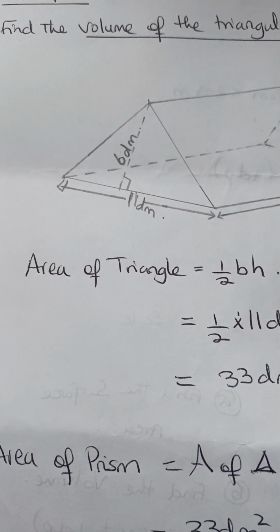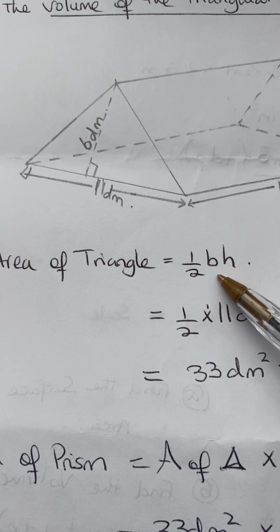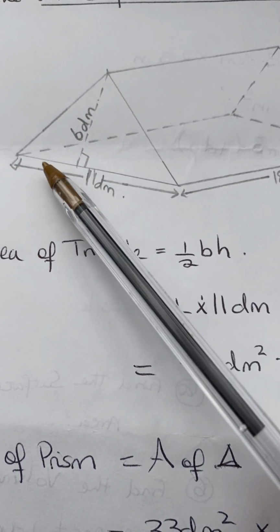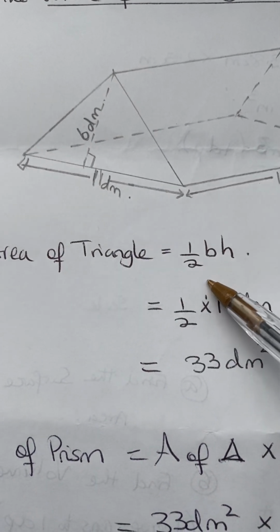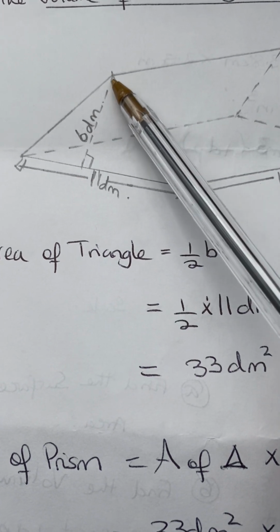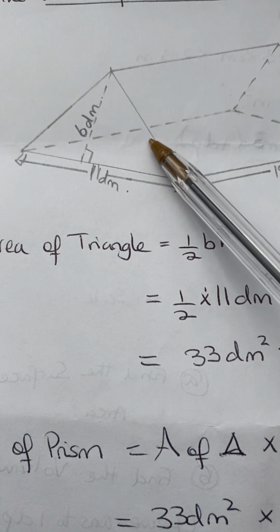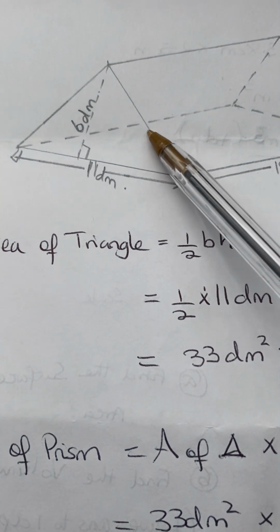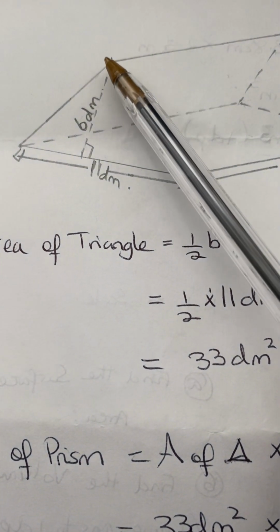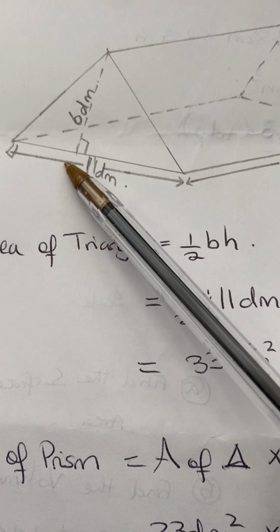So the area of the triangle is half base, which is 11, times the perpendicular height, not the slanted height. This is the slanted height. That is the perpendicular height.